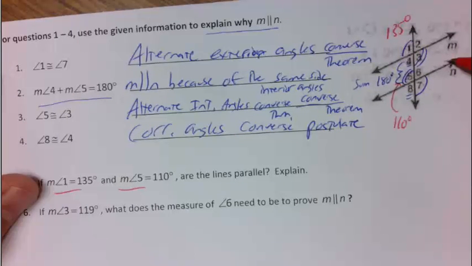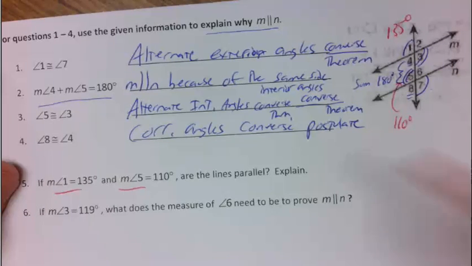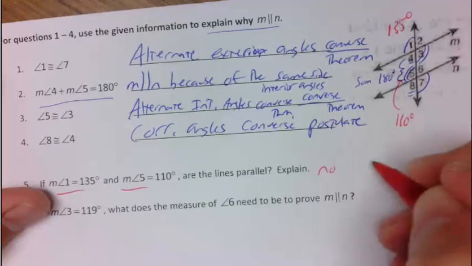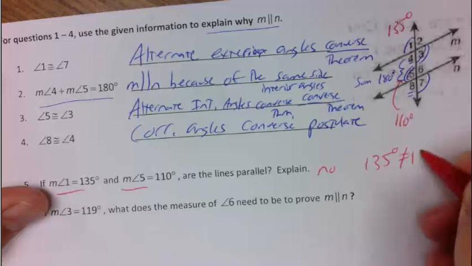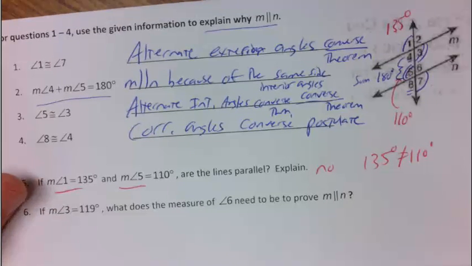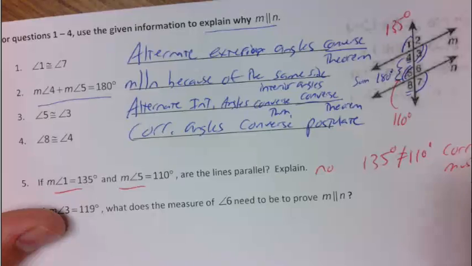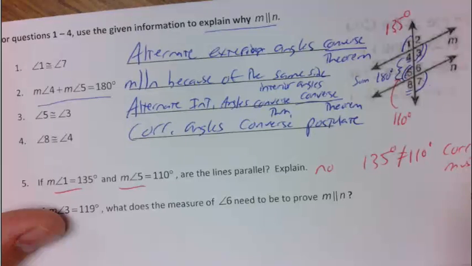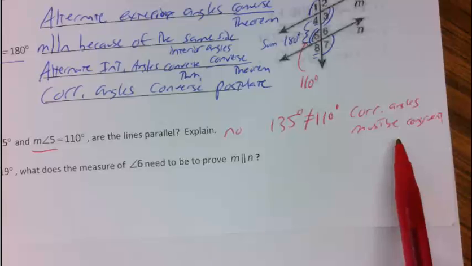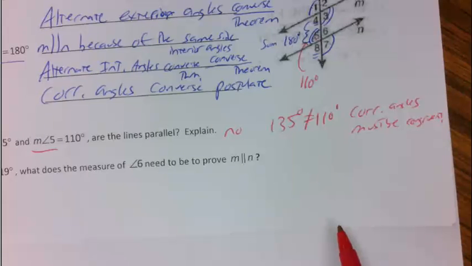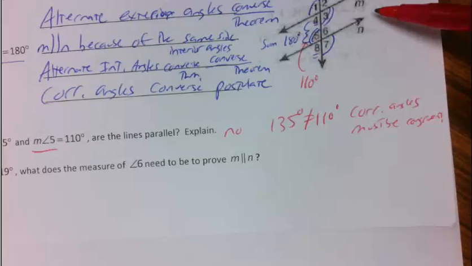So these two lines can't be parallel if those two angles aren't the same measure. So are the lines parallel? No. 135 degrees is not the same as 110. Corresponding angles must be congruent if the lines are going to be parallel. All right, that's the only way you can prove it.